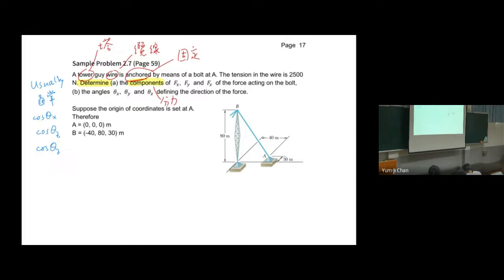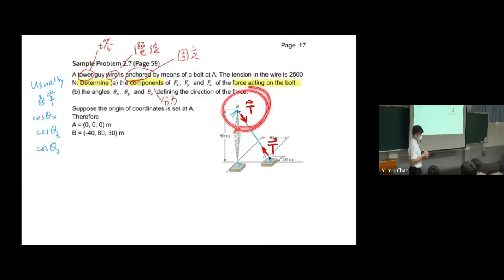In this problem, we know the line goes from A to B. Because we want to know the force acting on the boat, for this force we can either determine this one on point B or this one on point A. It's okay because we have one wire and the tension in the wire is 2,500 Newton.